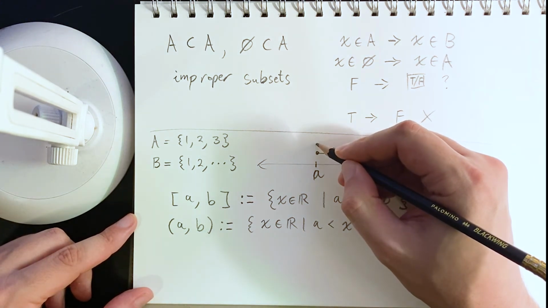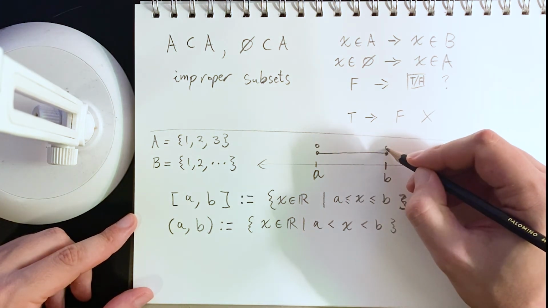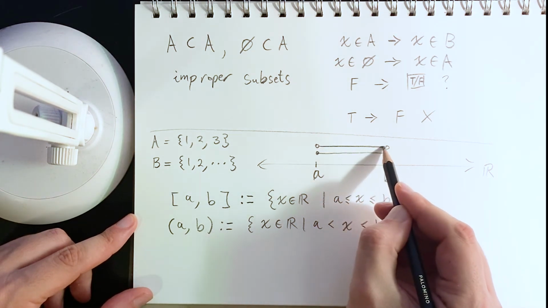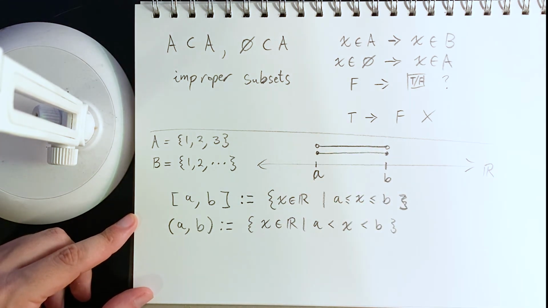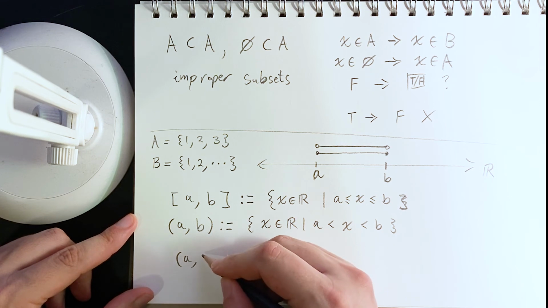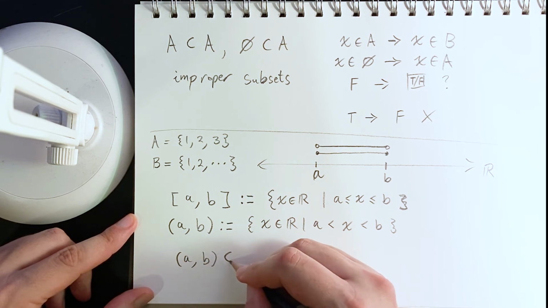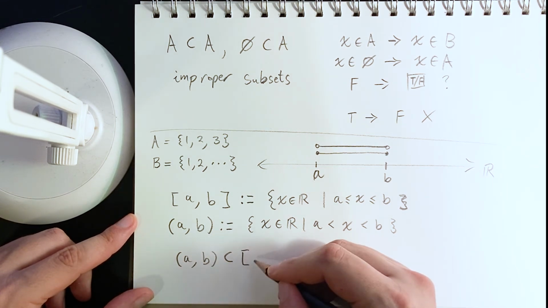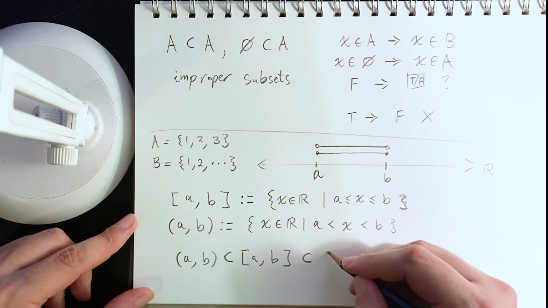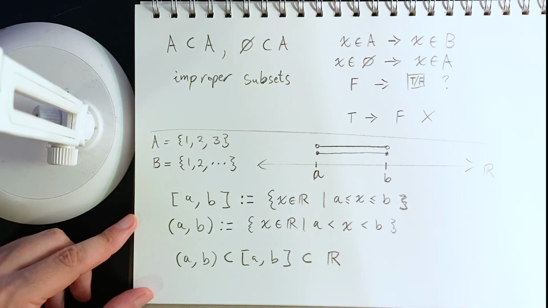The way we draw this is we'd have open points because we're excluding a and b, and then everything in between. So we have a statement that the open interval is a subset of the closed interval, which is a subset of all the real numbers.